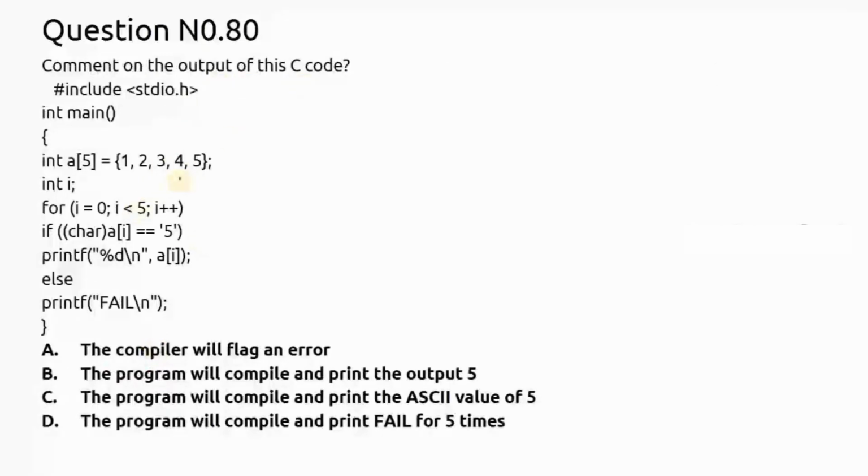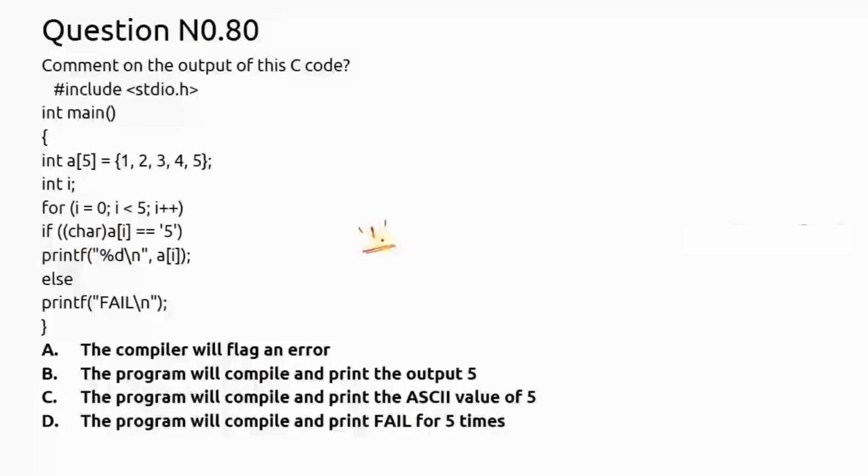Comment on the output of this code here. a of I is 1 2 3 4 5, it is given. Now for this array I am checking with the loop, I equals 0. So initially 0. Now a of 0, what is a of 0? The value is 1. I am converting it to the character, converting this 1 into ASCII.